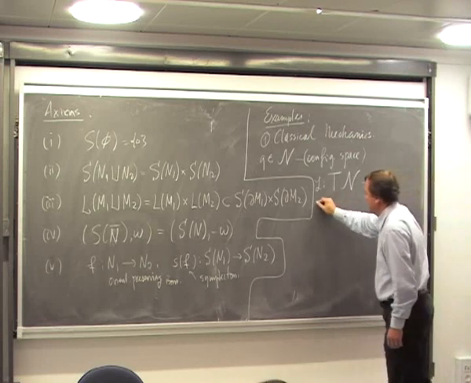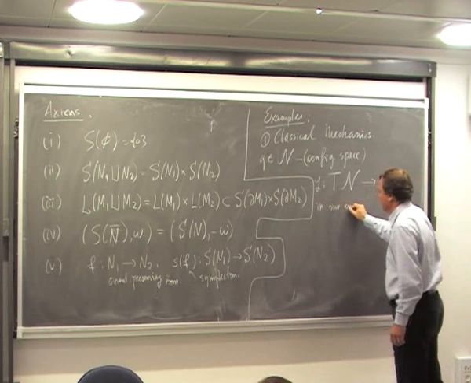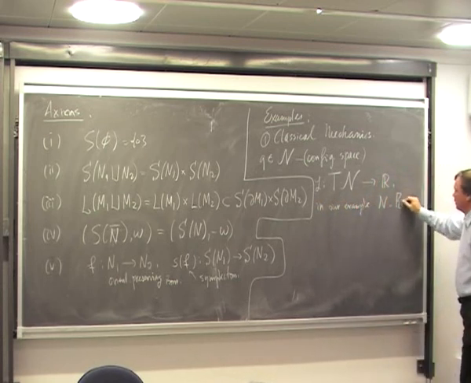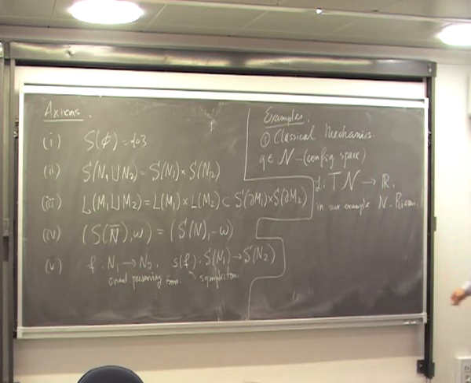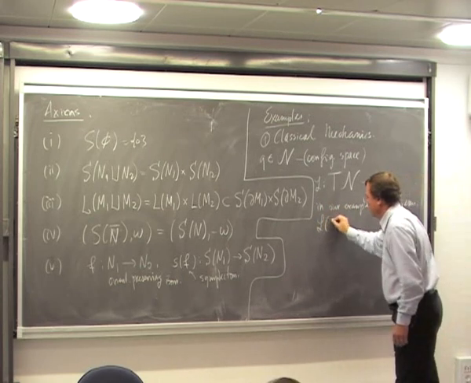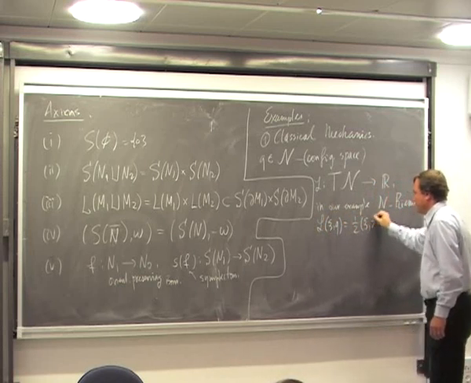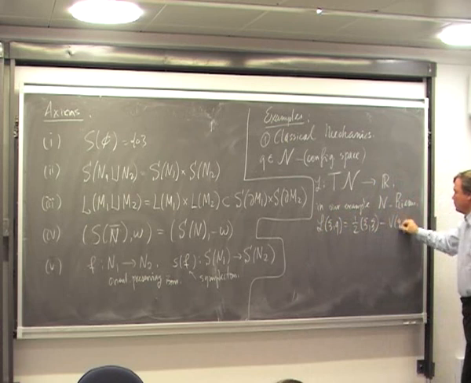So in our example, N was Riemannian, and L had this particularly simple form, kinetic term minus V of q.